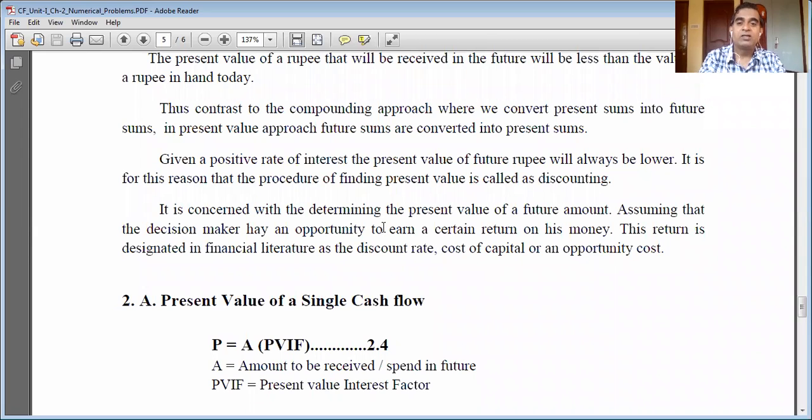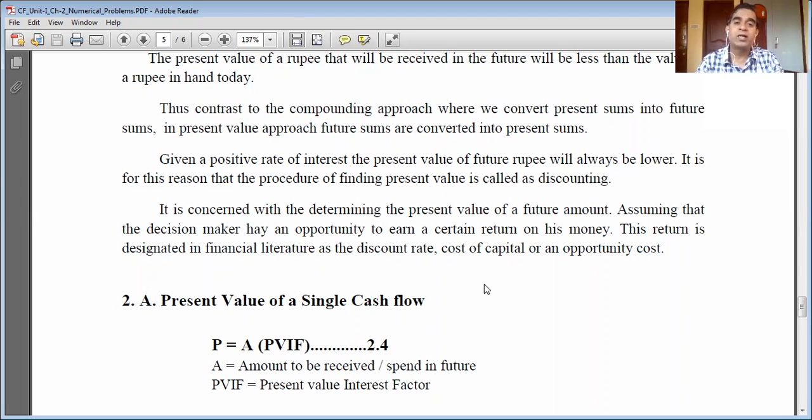Always remember that an investor who wants to invest in the present would like to know how much returns he is going to receive in future on account of the present investment. So all the future returns, he is going to discount them at a given rate to the present value. So the future returns will become comparable with the present investment.